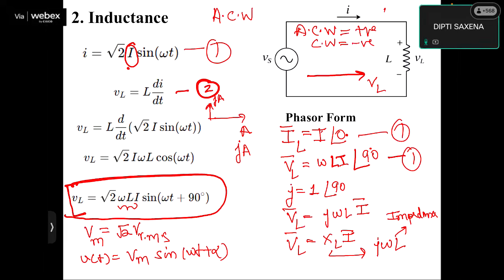So since the angle of IL will be minus 90 degree with respect to the voltage, it will be like this. This will be your IL and this is your angle. I have shown the arrow of the angle to be at minus 90 degree. So IL lags the voltage. Current through the inductor lags the voltage by an angle of 90 degree.